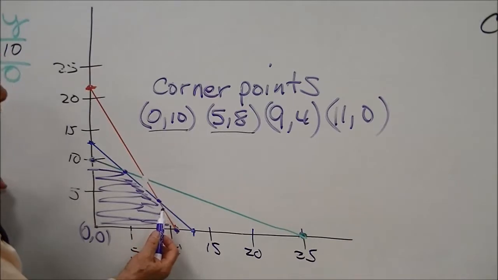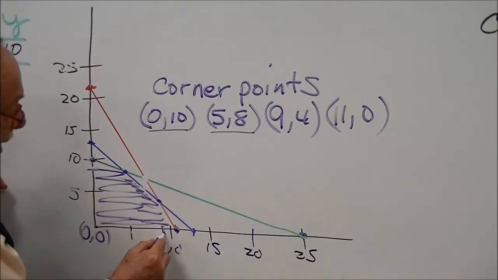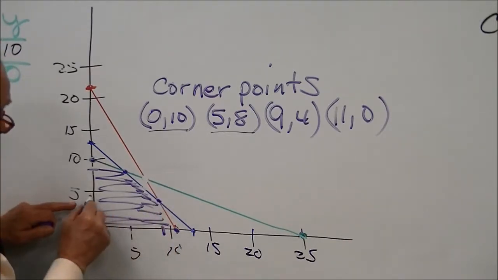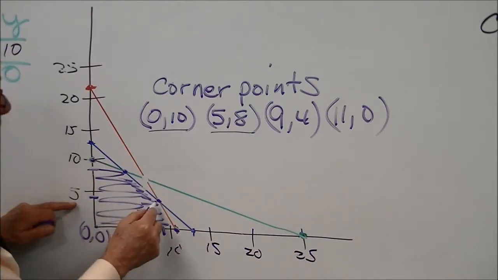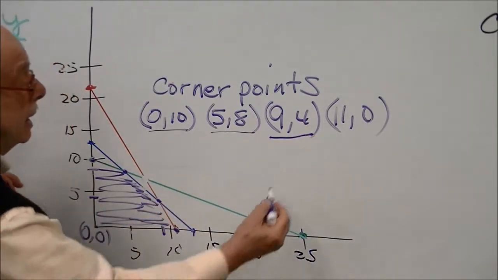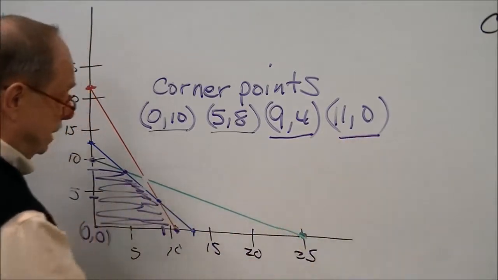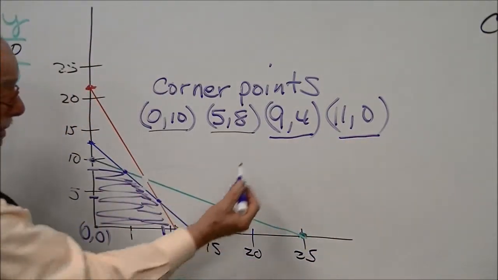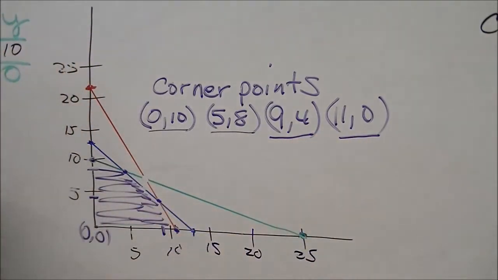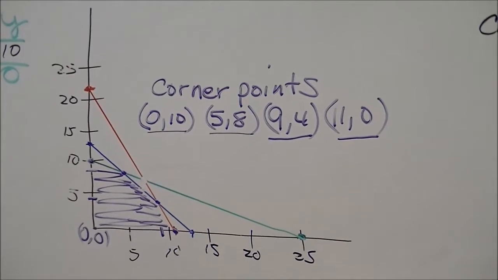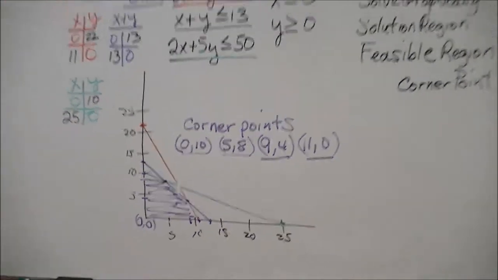Now this one is going to be 9 and about 4, right there. And this is your X-intercept, 11, 0. So I'll broaden it out again so you can see the whole thing. That's the magic of our little camera here.